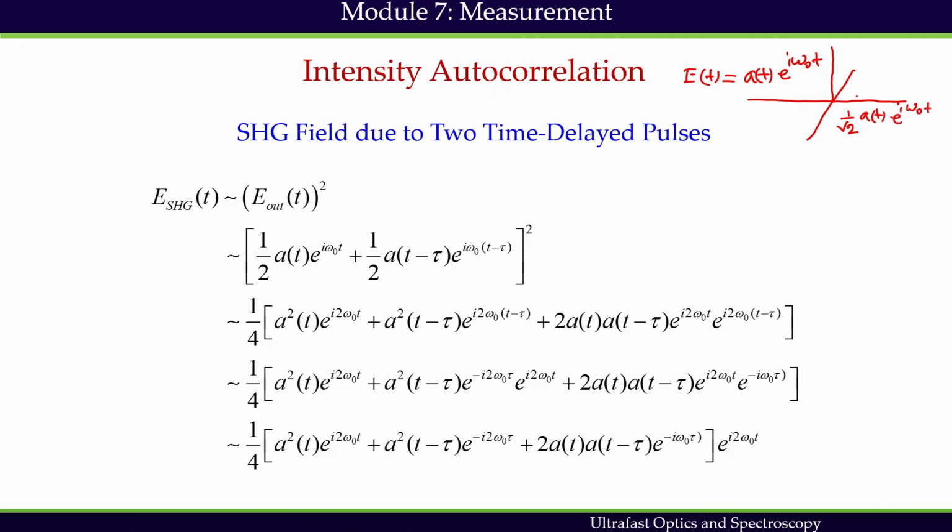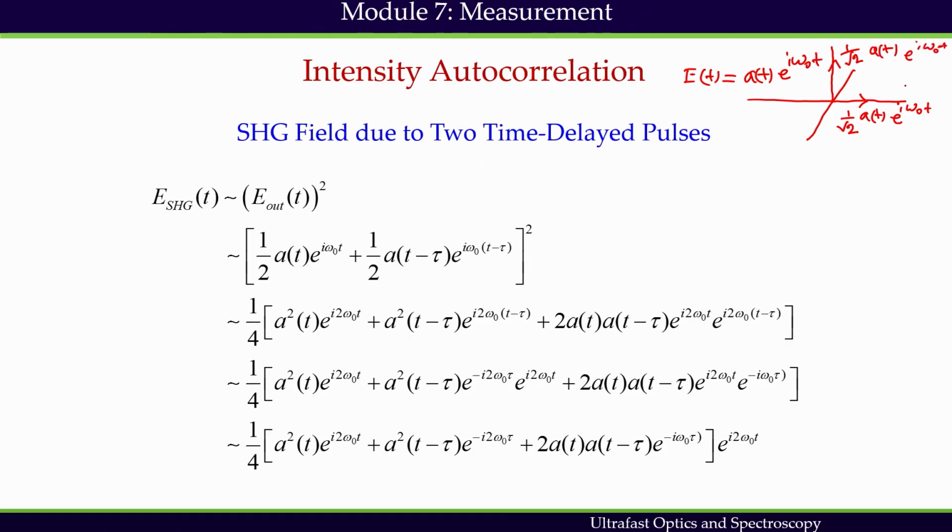And this one is transmitted, and the reflected beam would also be represented as 1 by square root 2 A(t) e to the power i omega naught t.